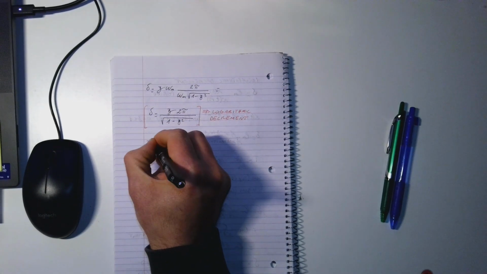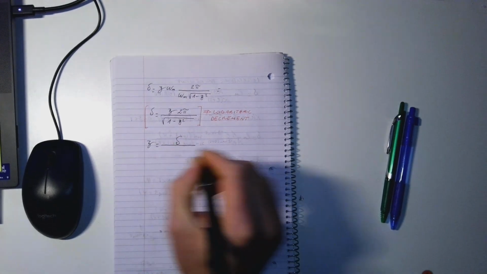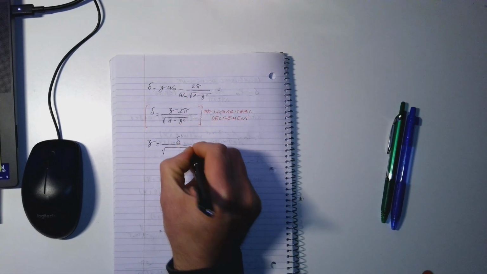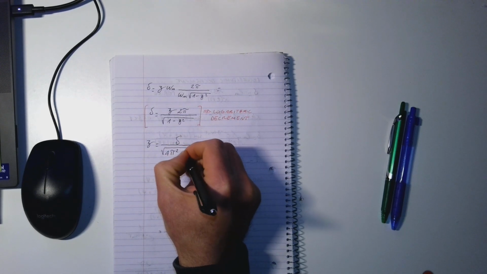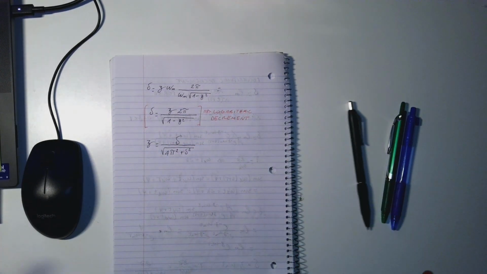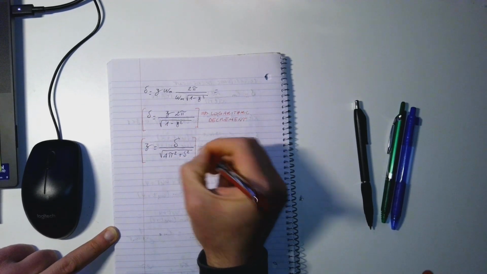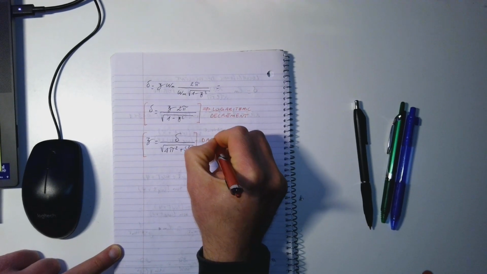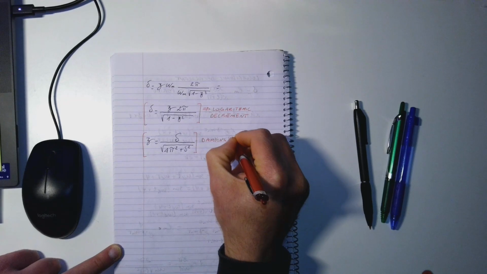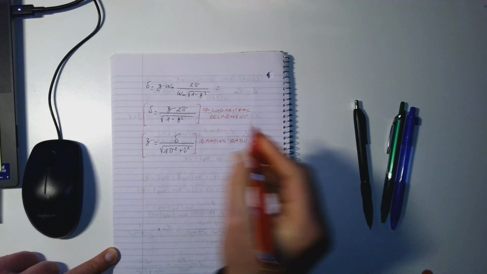So basically what we have is that zeta is going to be equal to delta divided by square root of 4 pi squared plus delta squared. So this is the expression of the damping ratio as a function of the logarithmic decrement.